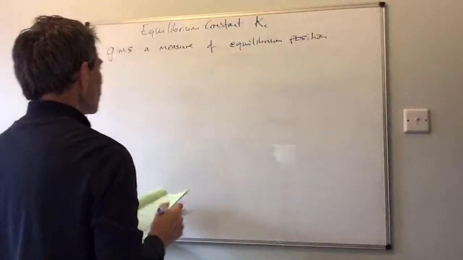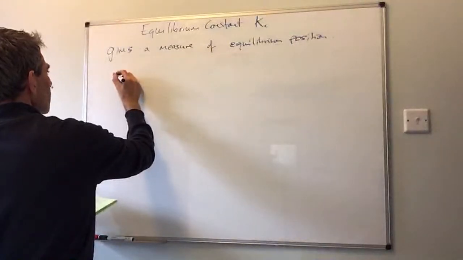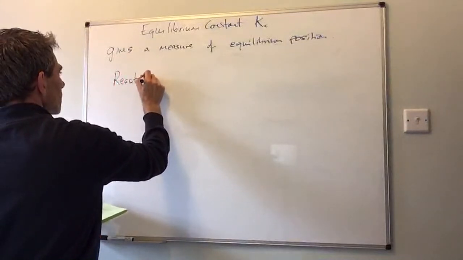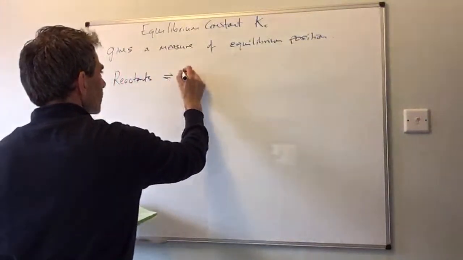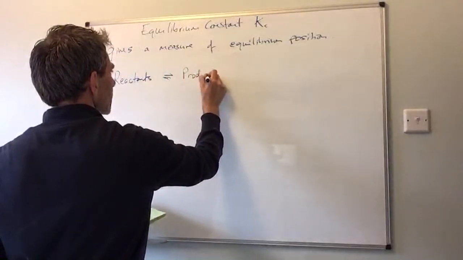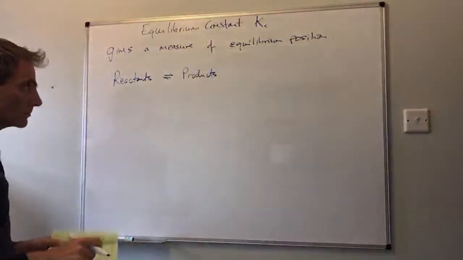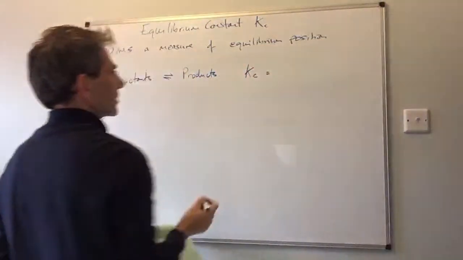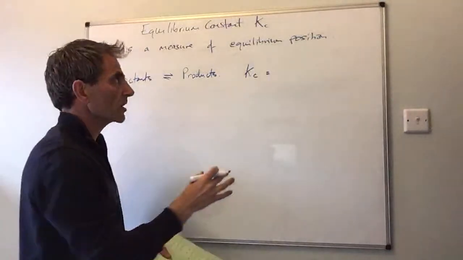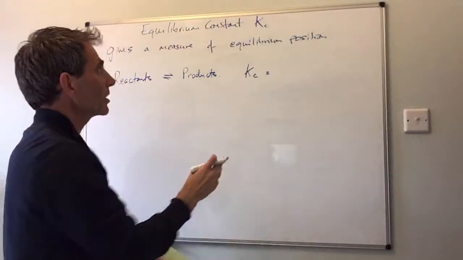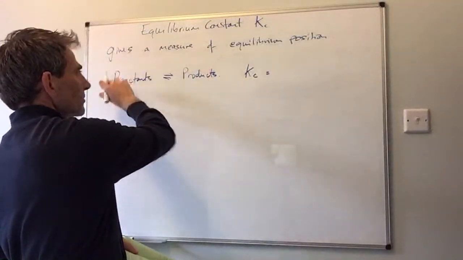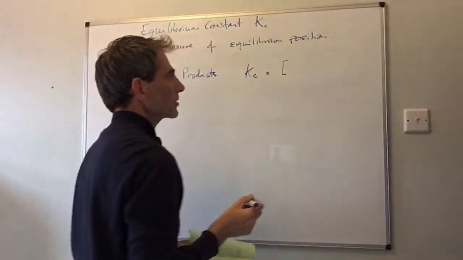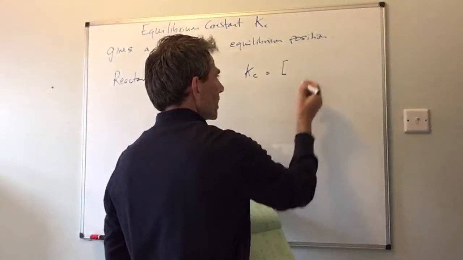Okay, so if we just think about any equilibrium, it can be simplified to this: reactants in equilibrium with products. All Kc is telling us is it's a ratio between the concentrations at equilibrium of the products to reactants. So Kc, and we use square brackets for concentrations. I'll put a key down there in a second.